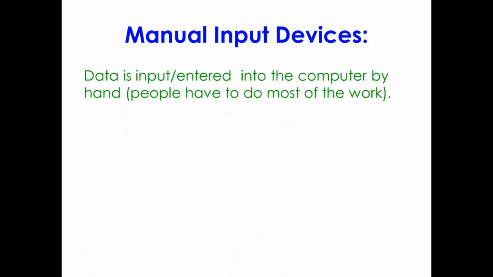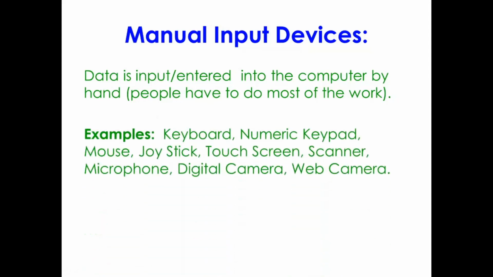In manual input devices, data is input or entered into the computer by hand. It means people have to do most of the work. And the examples are keyboard, numeric keypad, or we can call it keypad, mouse, joystick, touchscreen, scanner, microphone, digital camera, and webcam, etc. There are some other devices as well.